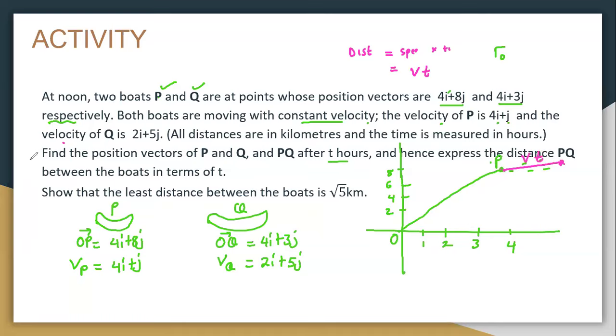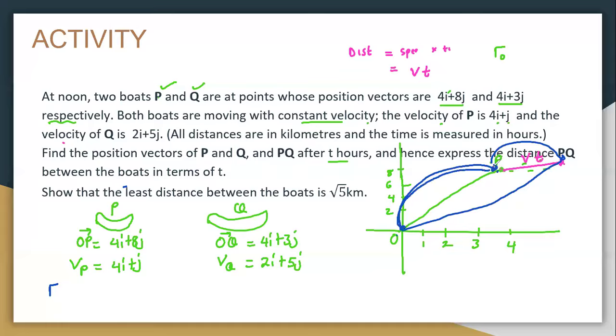So now, in order for us to get its position from the starting point here up to the new position where it's going to be, I'm going to get this distance from the origin, then plus this distance. That's its new position. Members, are you getting it? For the position vector of P at any time t hours, because they told you position, that means you start from the origin.